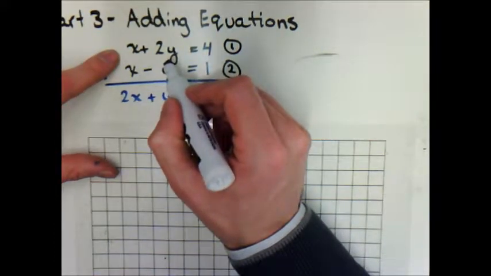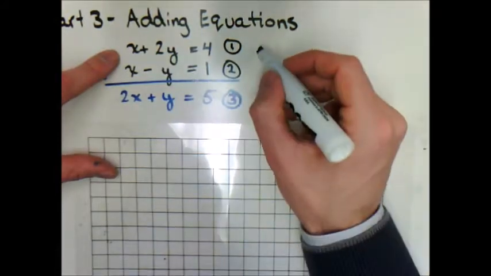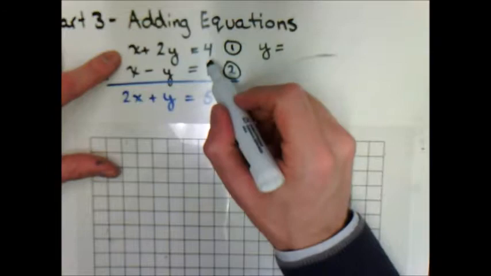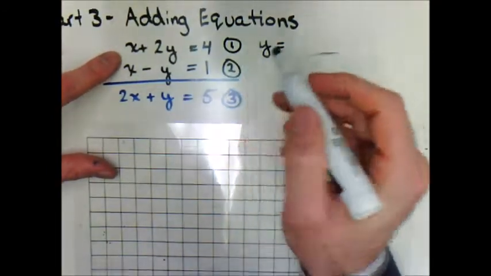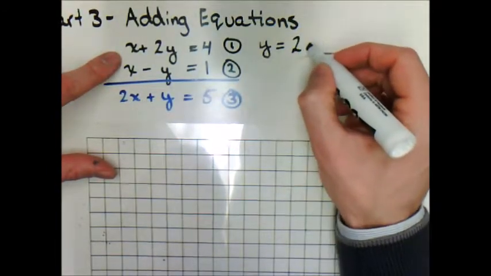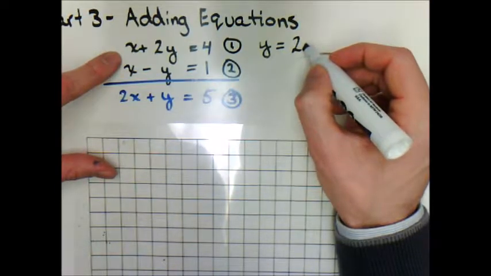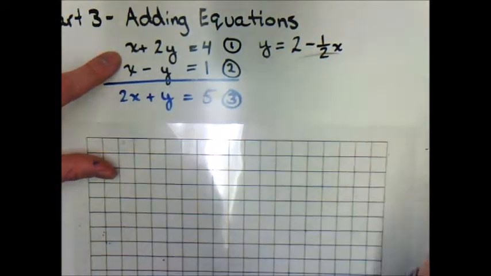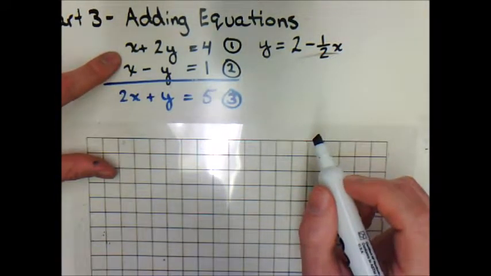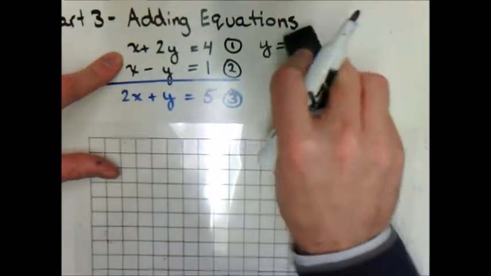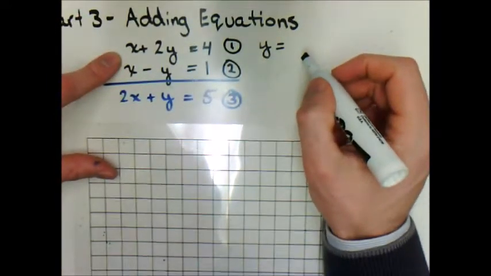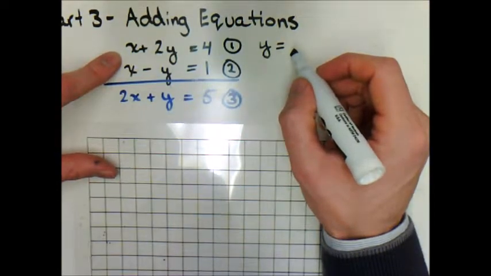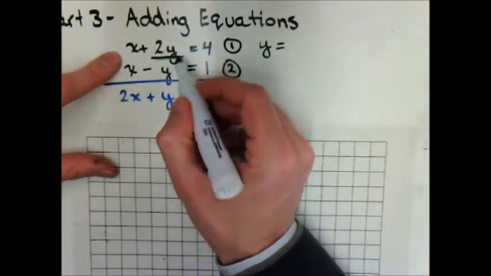So the right side first becomes 4 minus x. Then I'm going to divide it all by 2. So 4 divided by 2 is 2, and x divided by 2 is 1/2 x. So the 2 is stuck to the y right now.